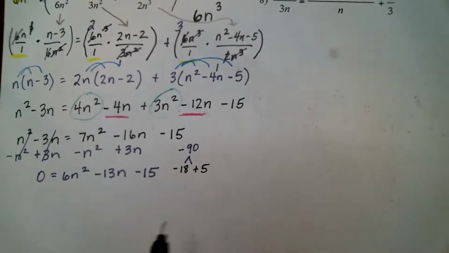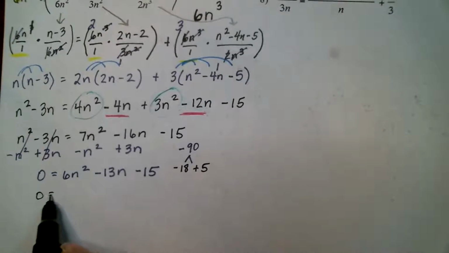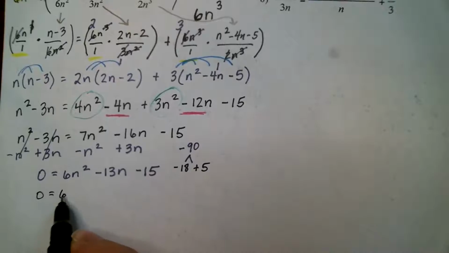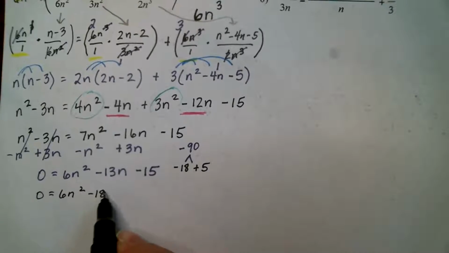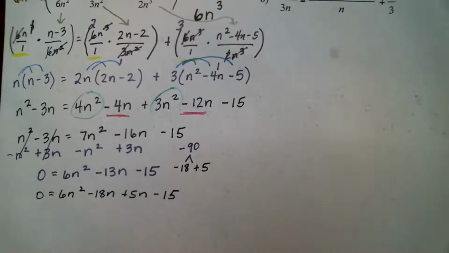Okay. So now, since that leading coefficient is not 1, we have to factor by grouping here. So we're going to say 6n squared minus 18n plus 5n minus 15. I factor this by grouping.